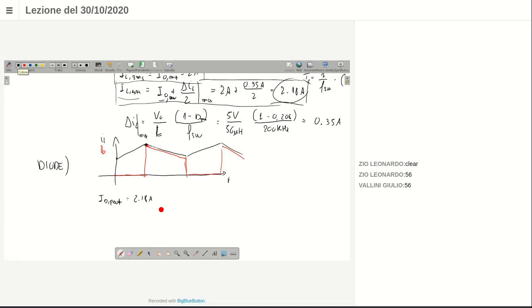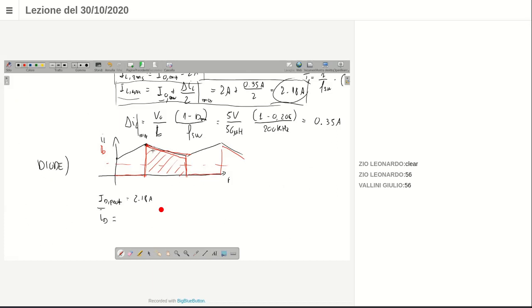The average current in the diode, basically we have to calculate the time average of this waveform. To be precise, we should integrate and evaluate the area of this trapezoidal pulse and divide it by the period.